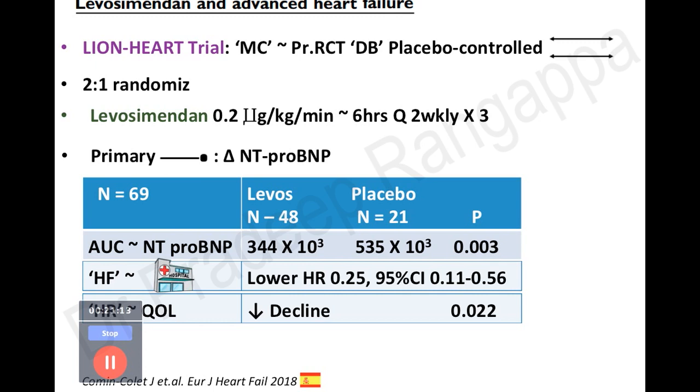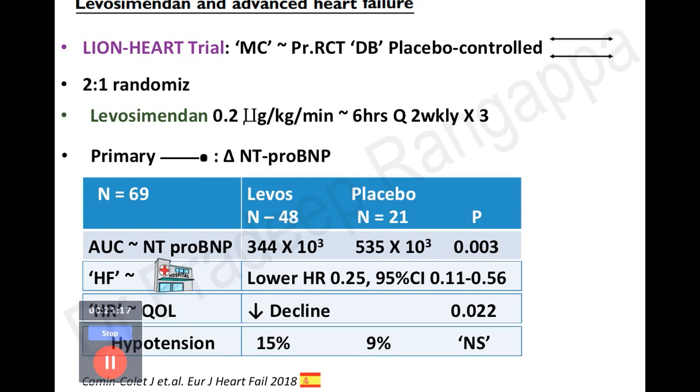There was reduced decline in the levosimendan group. That was also statistically significant. And hypotension was more, but that was not statistically significant. So the Lionheart study basically said it does improve biochemical markers, heart failure associated admission to the hospital was less, and the quality of life was better in the levosimendan group.